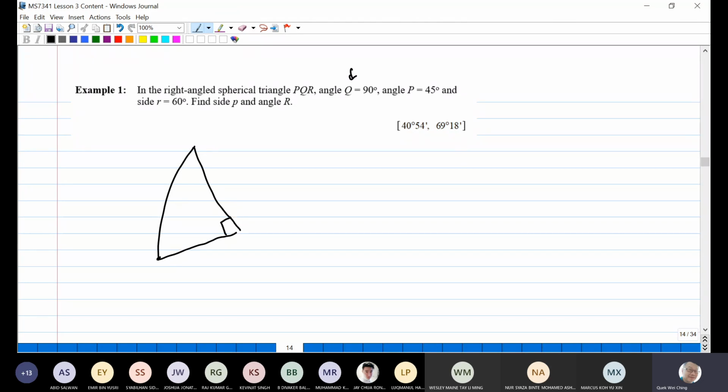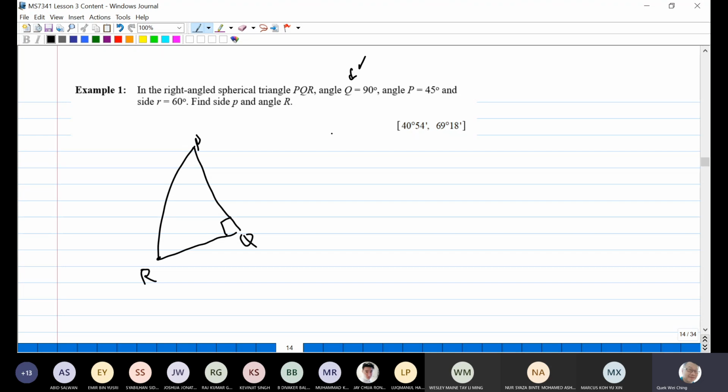Let's say I draw the 90 degree angle here, this angle is Q. This is P here, and this is angle R. Okay, so Q is 90 degrees, which is good.